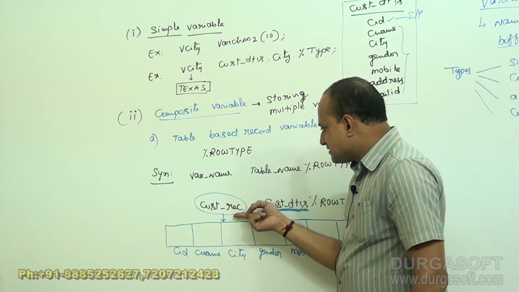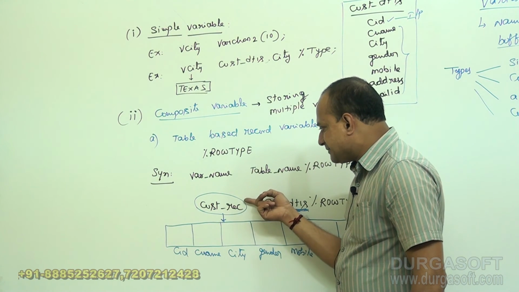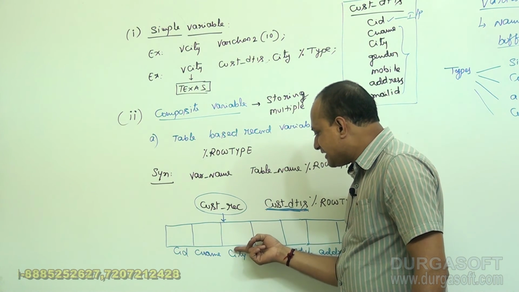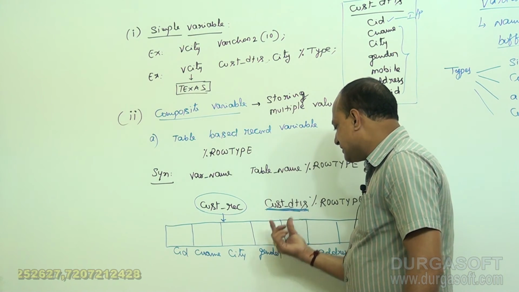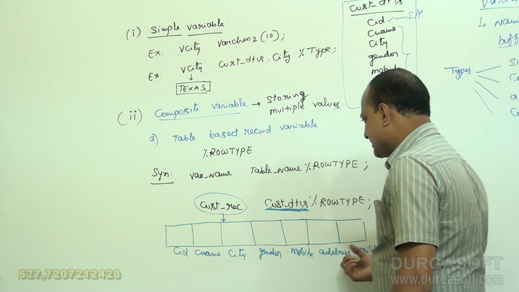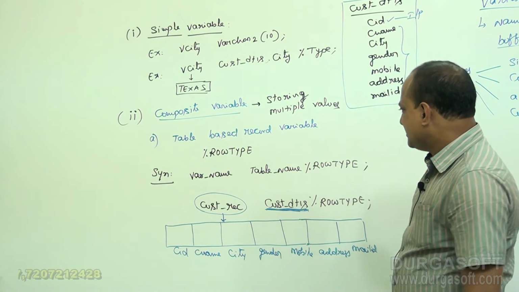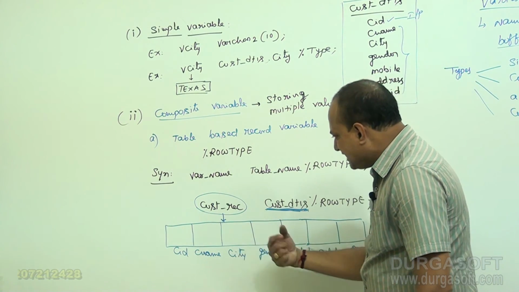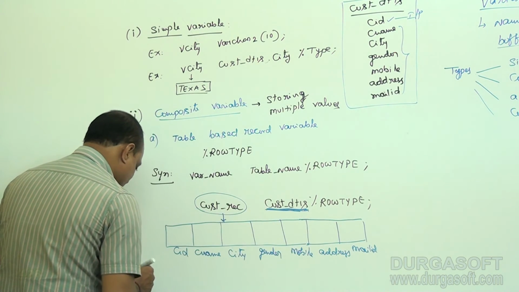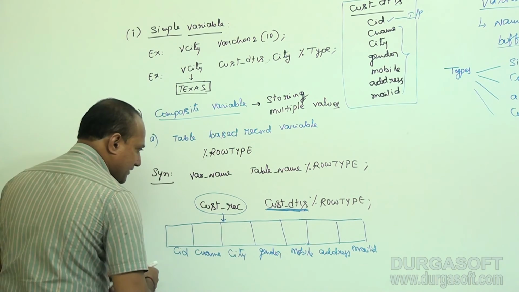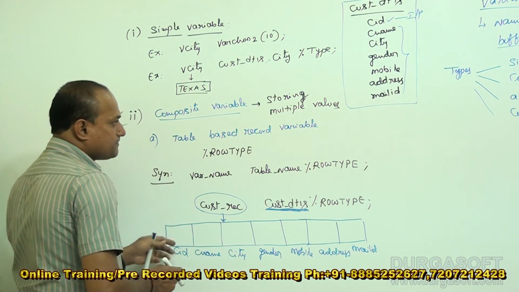See, so the customer record is a variable and it is getting the memory. Whatever memory is required to store one record from this table, that much is reserved. Now, how can I take values from here? Let us assume this is C005.